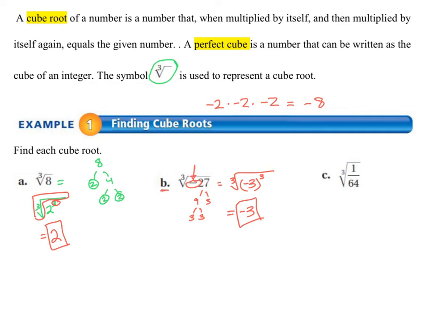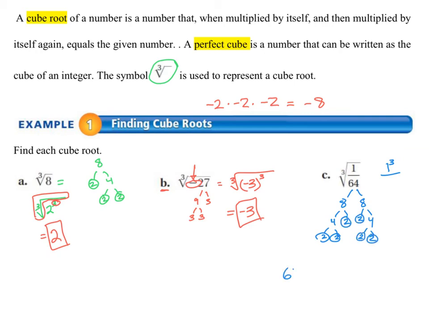For C, 1 to the third is 1. 64, usually think of 64 as 8 times 8. If you think through its factor pairs, factorization, you'll see that it is 2 to the 6th.